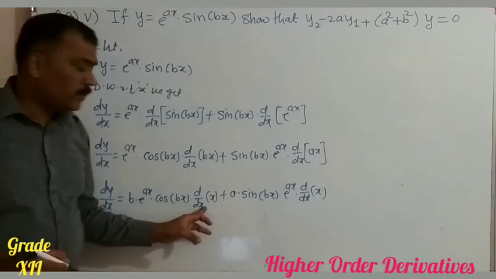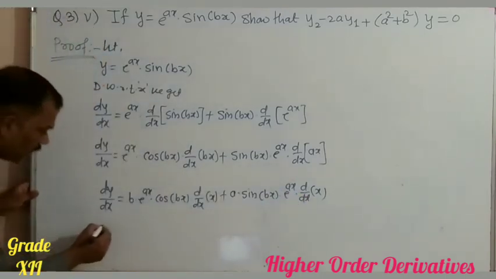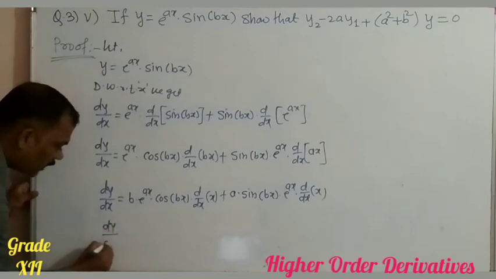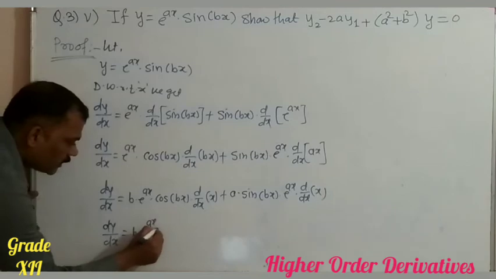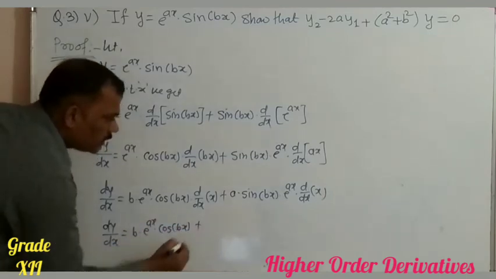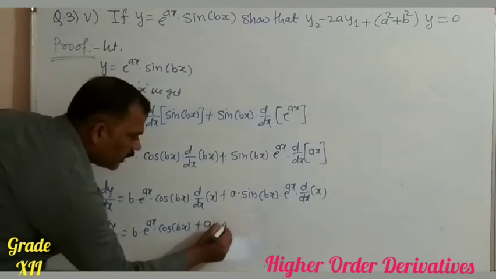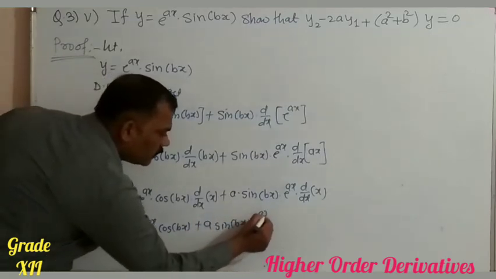Differentiation of x with respect to x is 1. Here also differentiation of x with respect to x is 1. So we can write dy by dx is equal to b into e raised to x into cos of bx plus a into sine of bx into e raised to x.